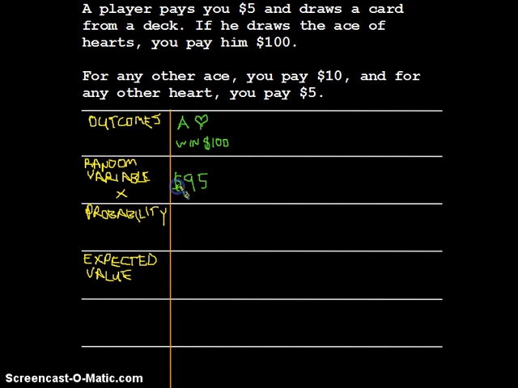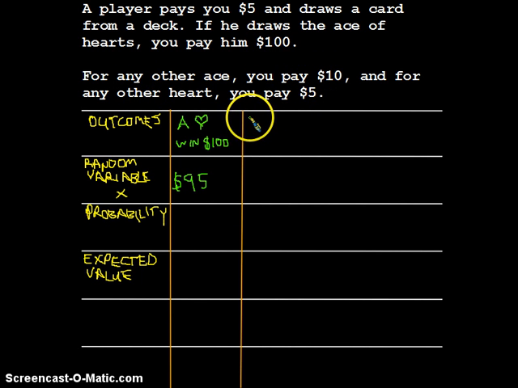And then let's take a look at another possibility. It's also possible that something else could happen. You pay $5, and if you draw the ace of hearts, you get 100. For any other ace, $10.